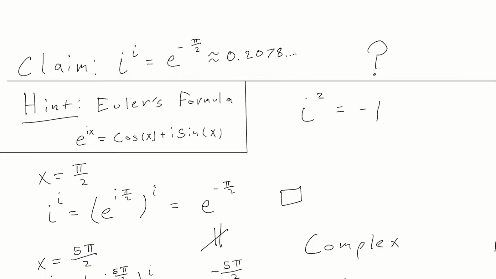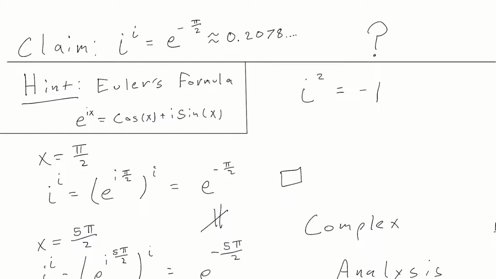So the claim made in the online memes and pictures that I've seen is true if you pick a specific branch cut. Not always true, not necessarily true. It depends on how you define logarithm on the complex plane.